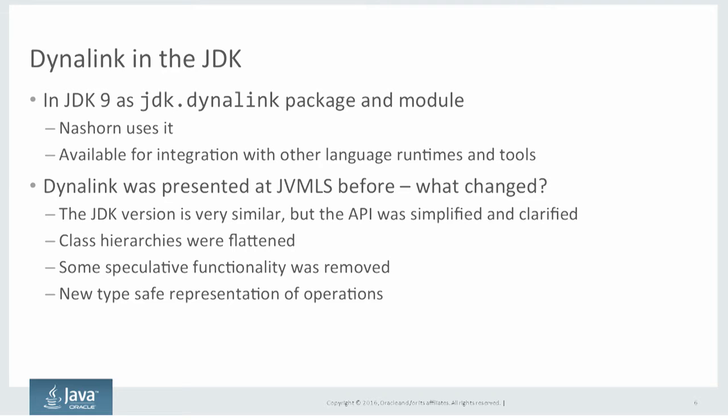Things are simpler, somewhat more intuitive now, and most importantly, perhaps, the operations are now represented as a type-safe enum instead of strings that need to be parsed and kept around.